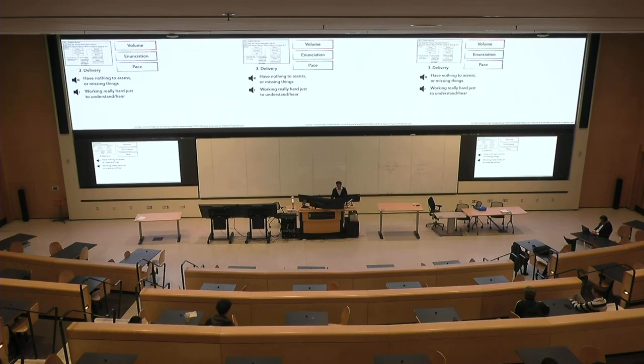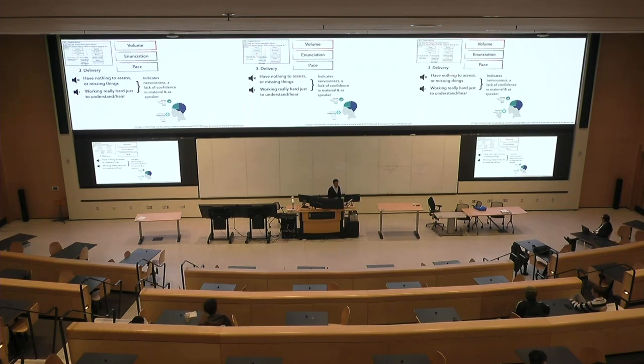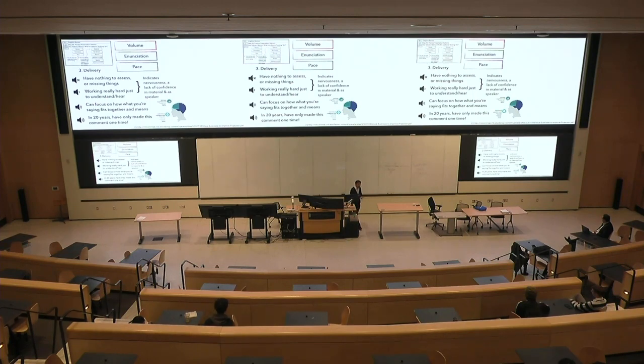And that means that you are introducing a fair amount of extraneous cognitive load on the listener, which means that they can't process that information as well as they'd like to, okay? And it also, I think, indicates a little bit of nervousness and a lack of confidence in your material as a speaker, okay? So we definitely want to get to the point where you're at the right level of volume, okay? We can focus on what you're saying as opposed to trying to process what you're saying.